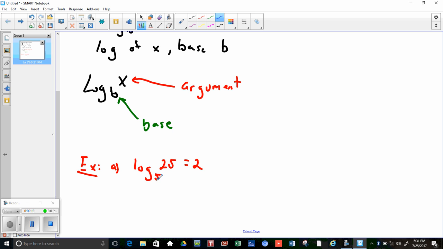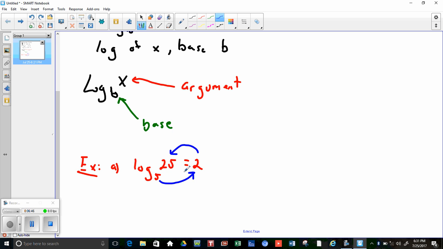This is the base. 5 is the base. 2, because the whole log is an exponent, is the exponent. So if I took 5 and I raised it to the second power, it should give me the argument. 5 squared equals 25.